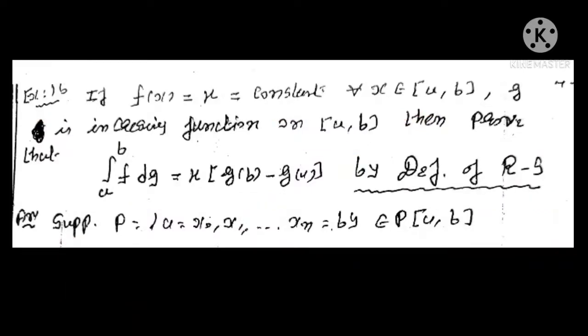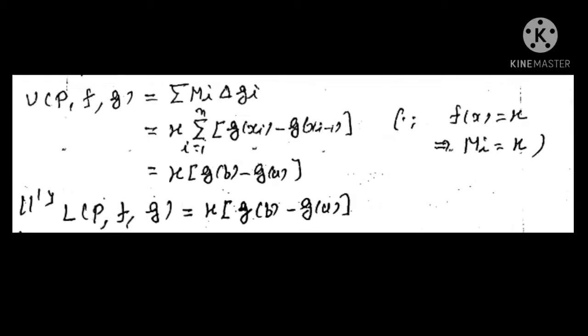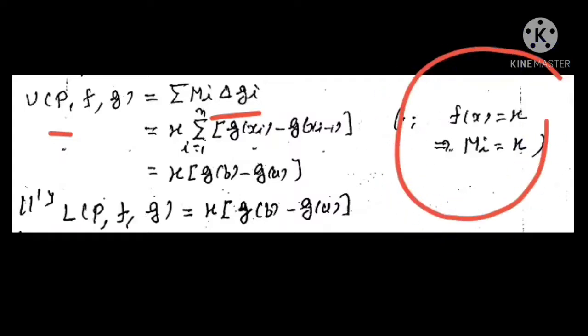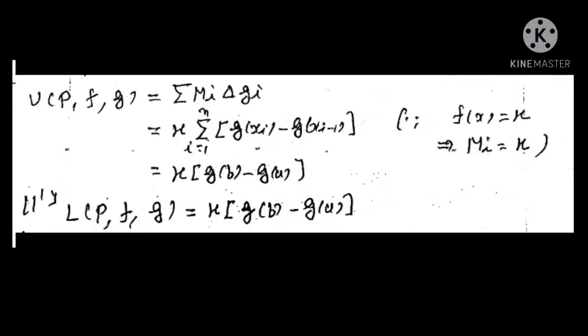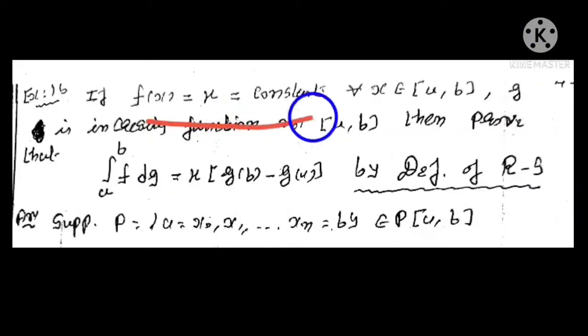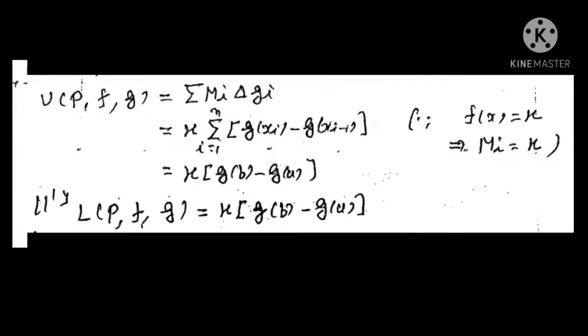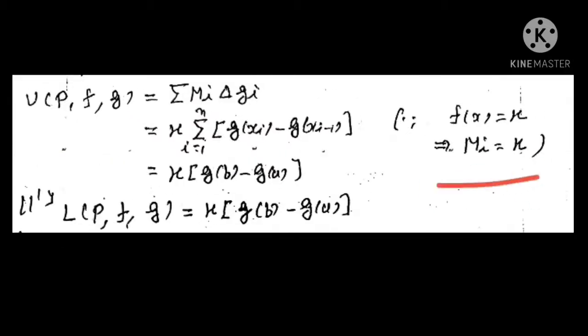Now the upper sum of f with respect to P and g is equal to sigma mi delta gi. Now f(x) is equal to k implies mi is equal to k.